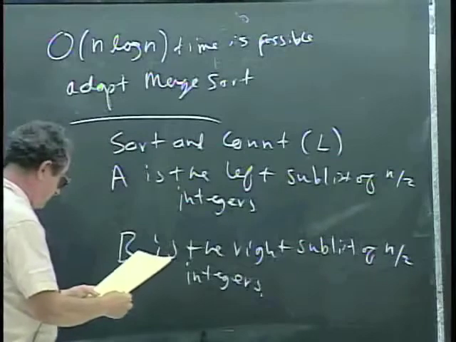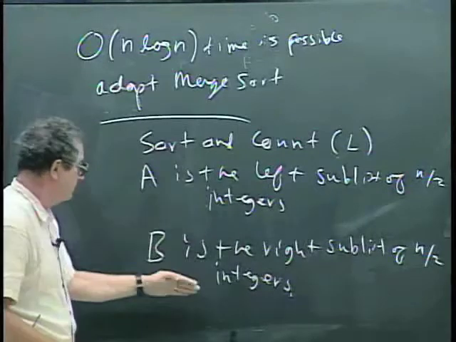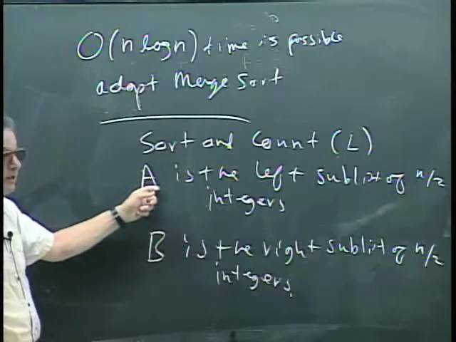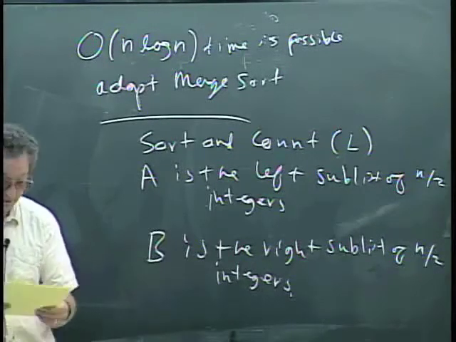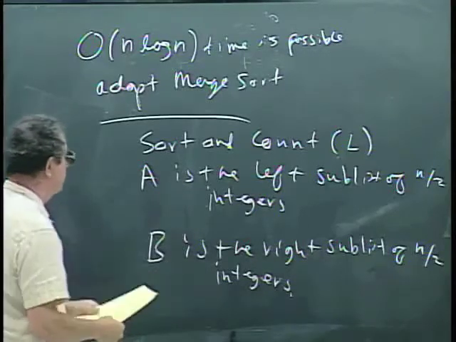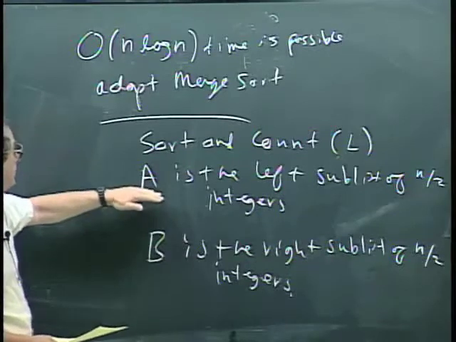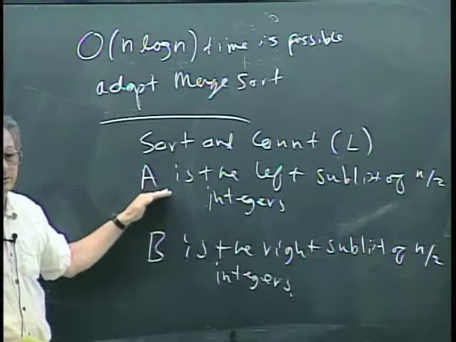And then typically in merge sort, what happens next? You recursively sort A, and you recursively sort B, and then you merge them somehow. So what we're going to do here is we're going to recursively count the number of inversions just in A alone.